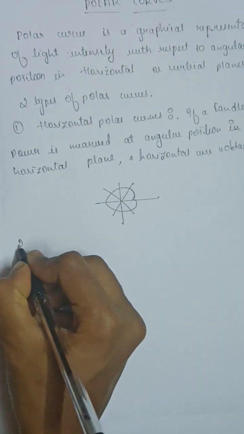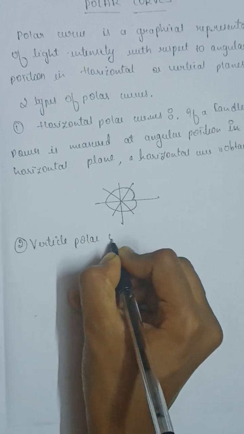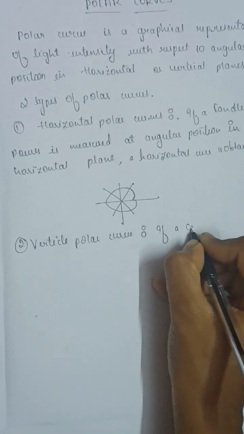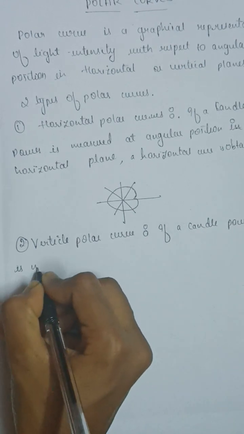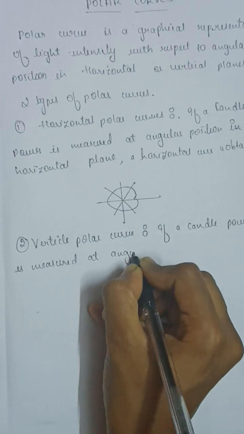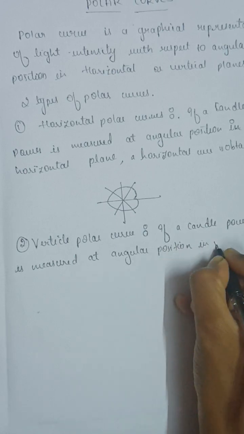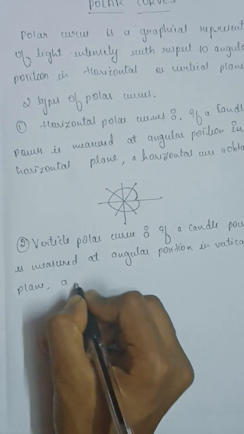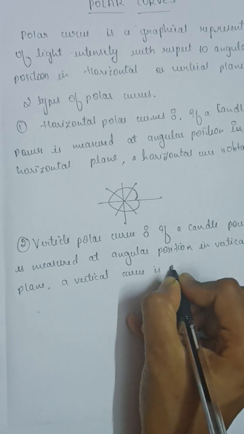The second type of polar curve is the vertical polar curve. If a candle power is measured at angular position in vertical plane, a vertical curve is obtained.